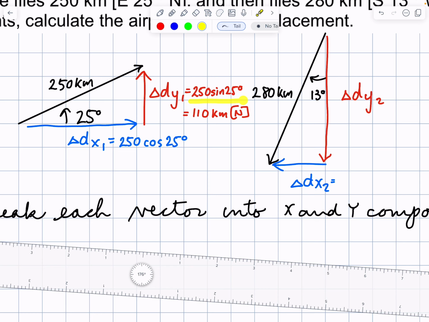And when we find the x component, it's 250 cos 25. If one of them is sine, the other one will be cos. Now, it's not always that the y component is sine. Sometimes it could be cos. But in this case, if it's sine, then this must be cos. Let's simplify. 250 cos 25 is 230 kilometers east.